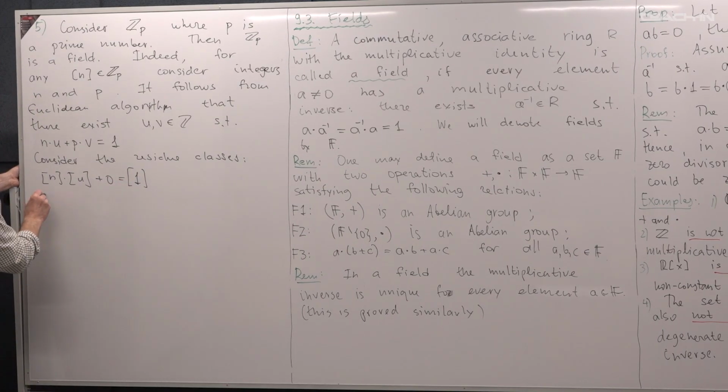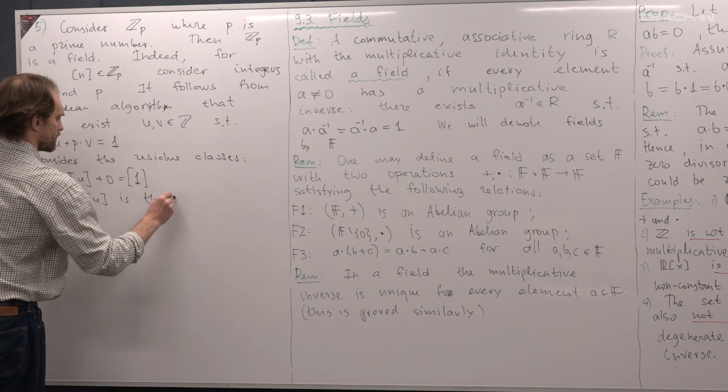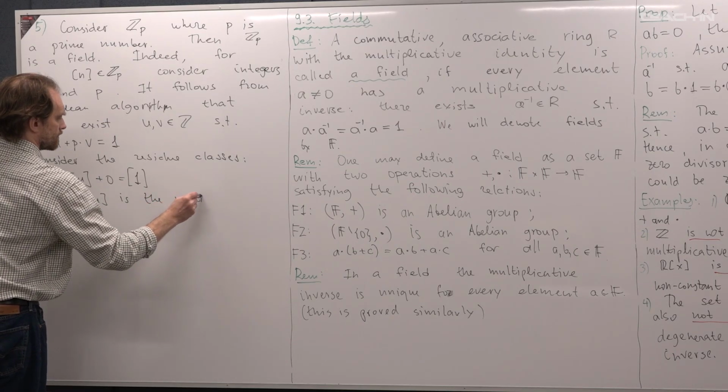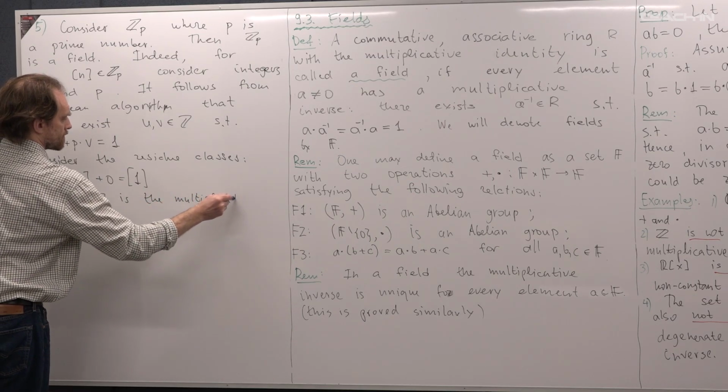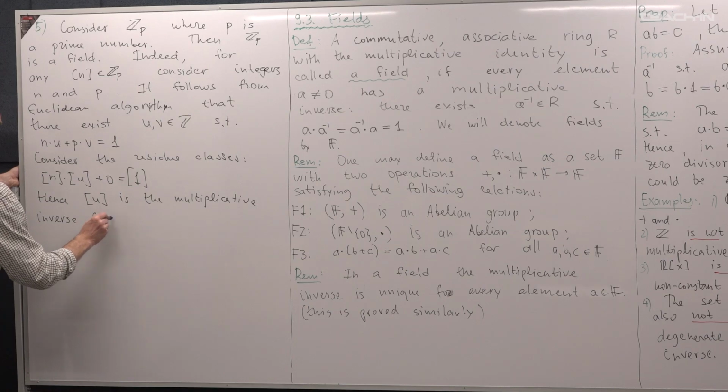So the class of u is the multiplicative inverse for the class of n.